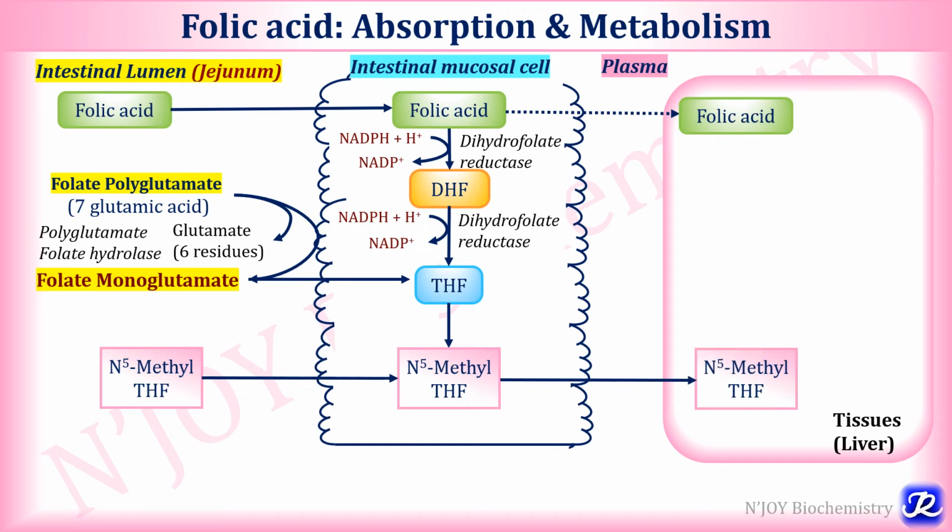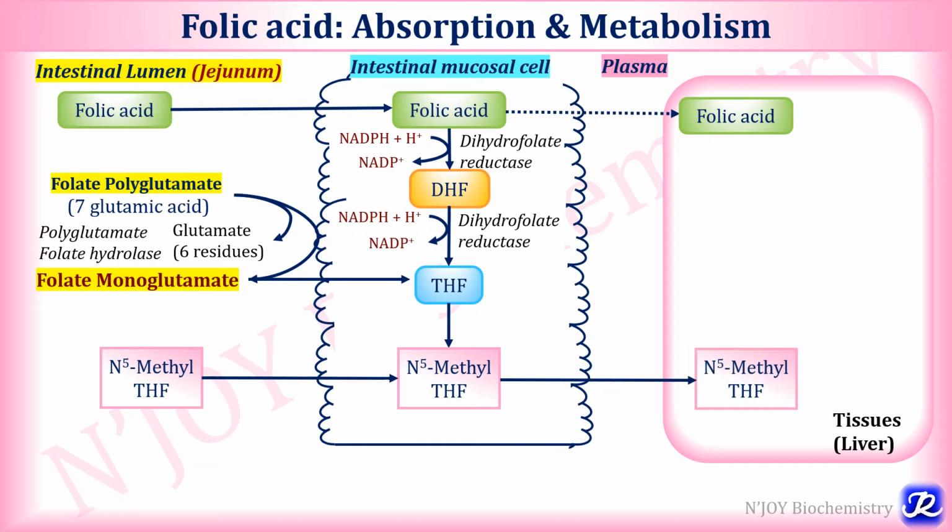What is the biochemical basis of macrocytic anemia in folate deficiency? We know that methylene tetrahydrofolate is required for the thymidylate synthesis. So if there is folate deficiency, there will be decreased thymidylate. And there is cell cycle arrest in the S phase of rapidly proliferating cells, which results in the defect in the DNA synthesis.